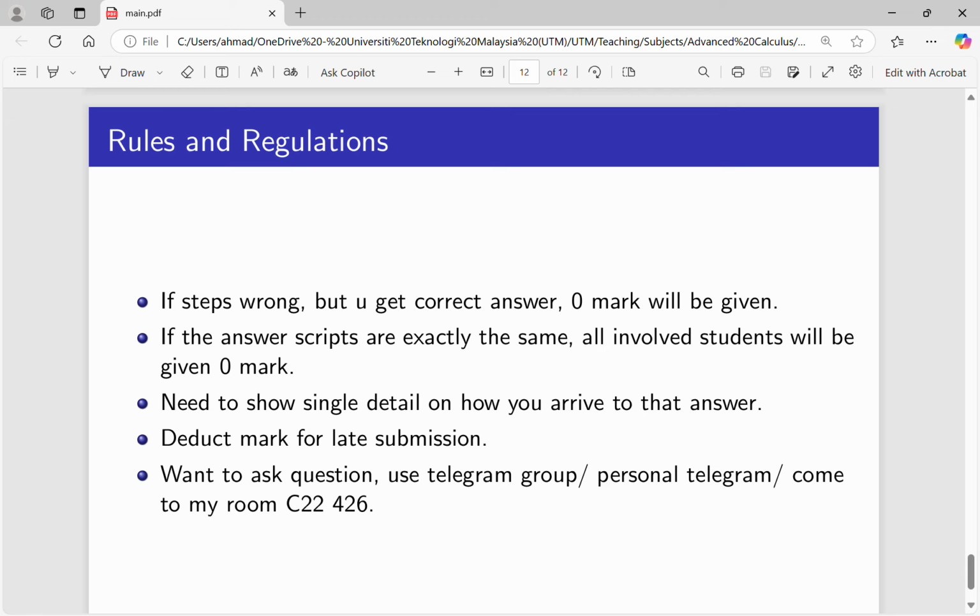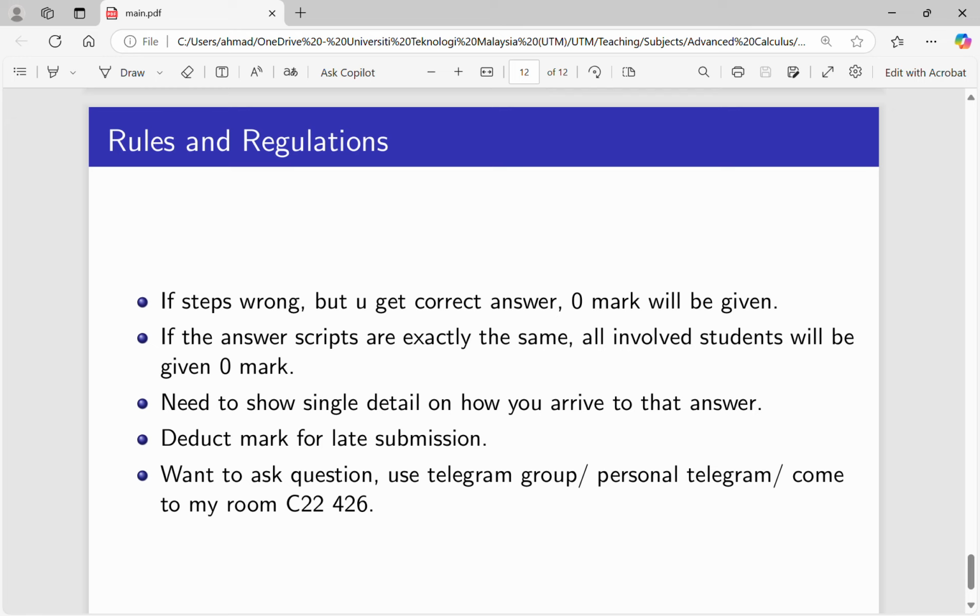You need to get the correct steps in order to get the correct answer. If you just give very random steps and suddenly you get the correct answer, in that particular case I'm going to give you 0 mark.